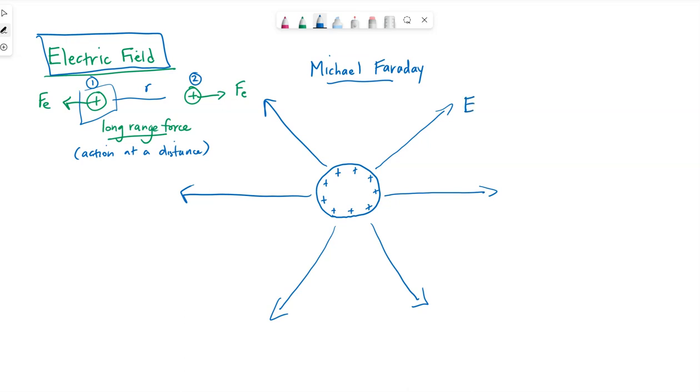This electric field, we think of as the acting agent on a charge that would experience or feel a force if it was placed in this field. So if I had a little positive charge, your book calls this a probe charge.